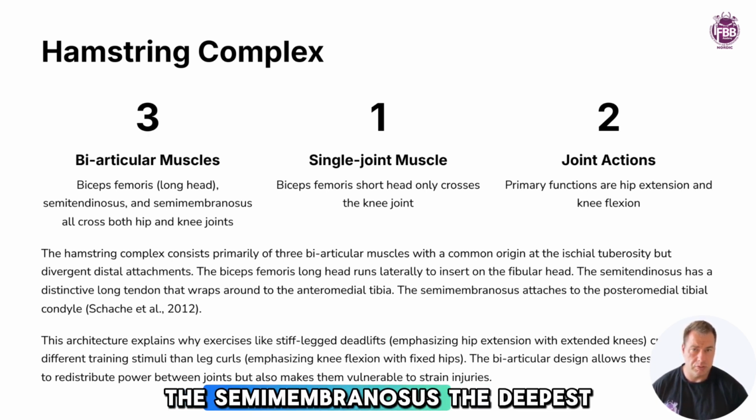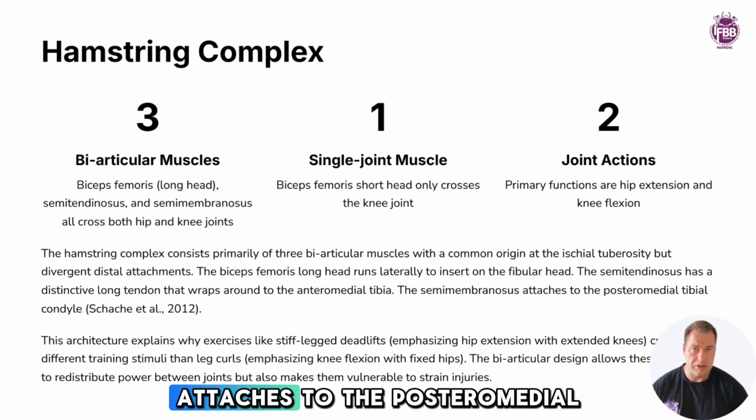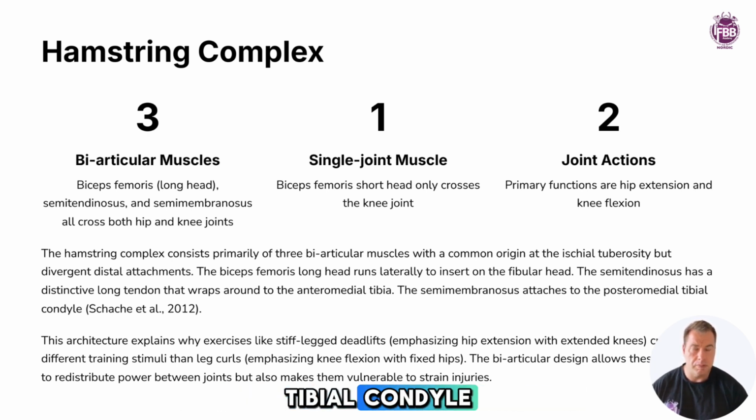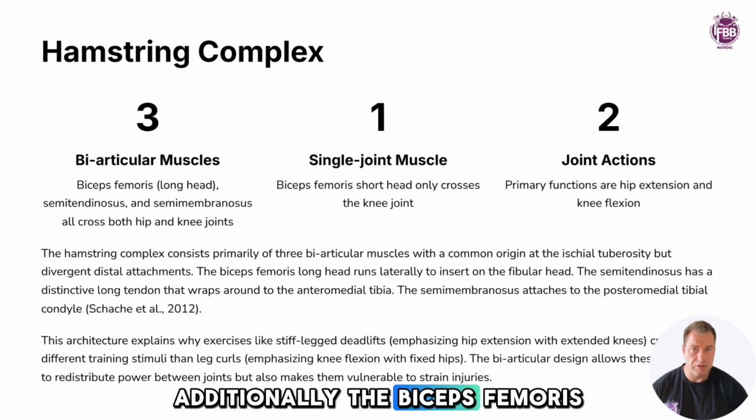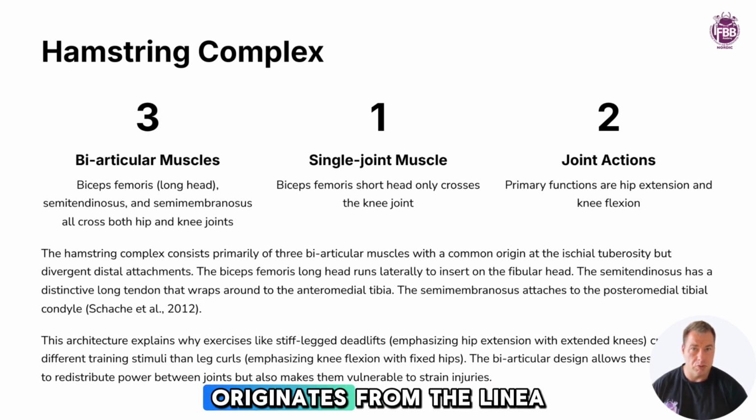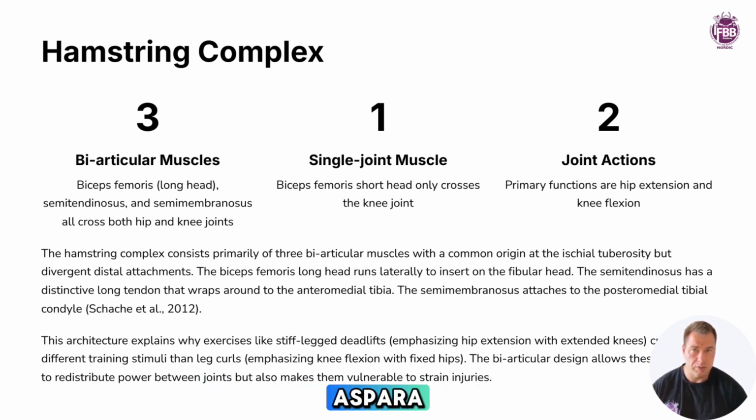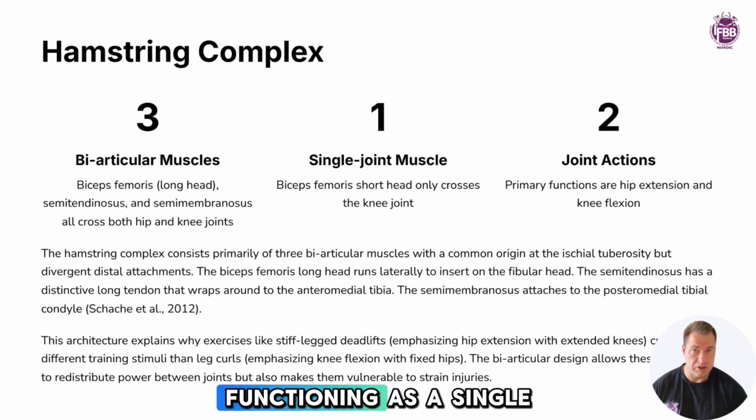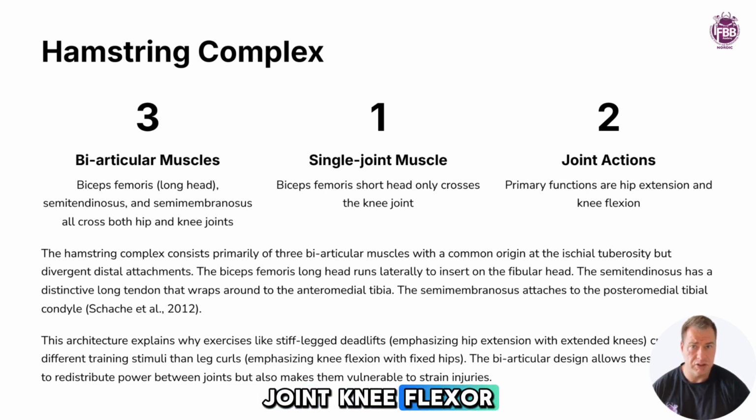The semimembranosus, the deepest of the group, attaches to the posteromedial tibial condyle. Additionally, the biceps femoris short head originates from the linea aspera and joins the long head to insert on the fibular head, functioning as a single joint knee flexor.